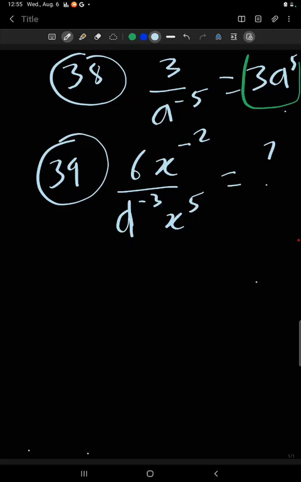So the power in the numerator, the power in the denominator has to be subtracted from the power in the numerator. So our 6 remains, that's fine. I'm going to go ahead and flip the d so that it goes to the top, and then I'm going to deal with the x's. Since everything is on top now, I'm just going to say this is all divided by 1.